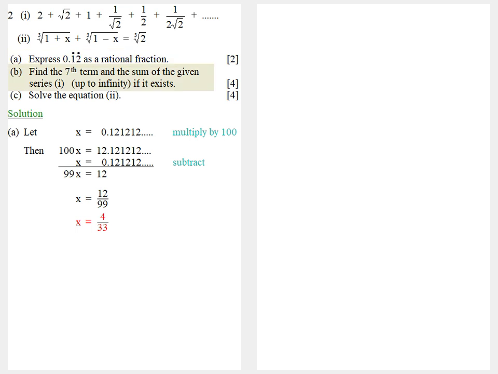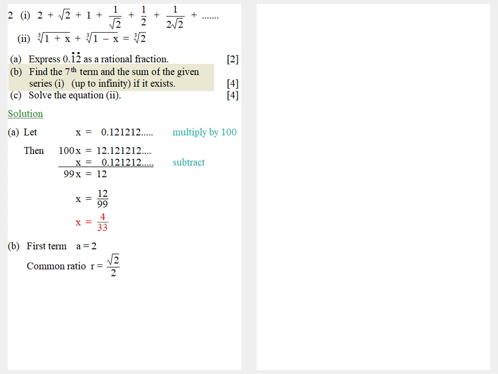Now, in part B, we're asked to find the seventh term and the sum of the given series 1 up to infinity if it exists. Now to do this, the first term is a equals 2, and the common ratio is the second term divided by the first term.